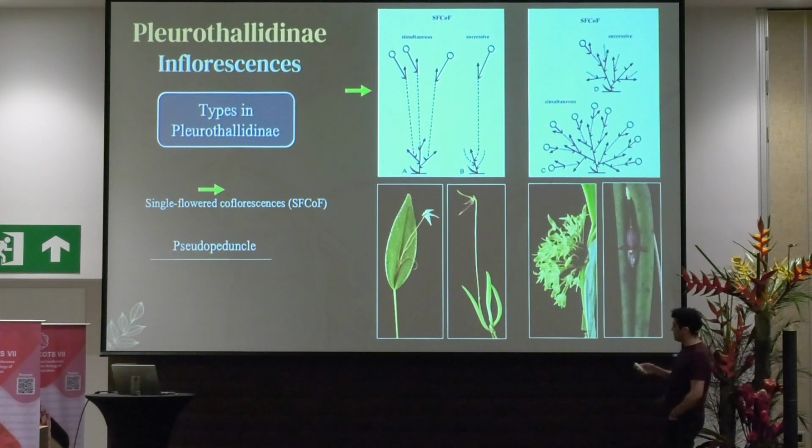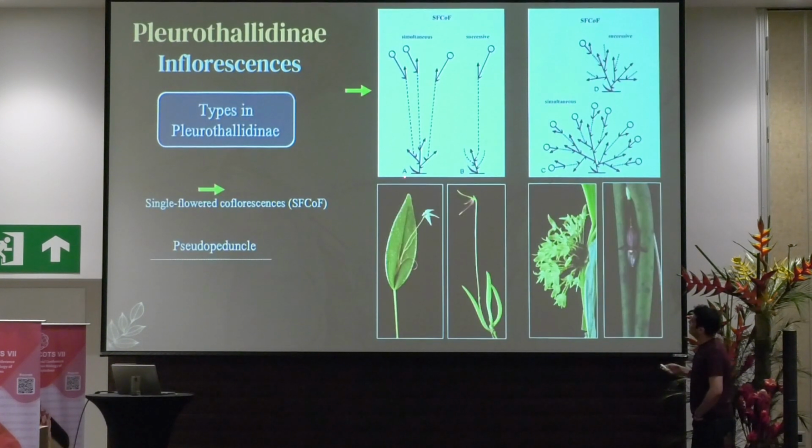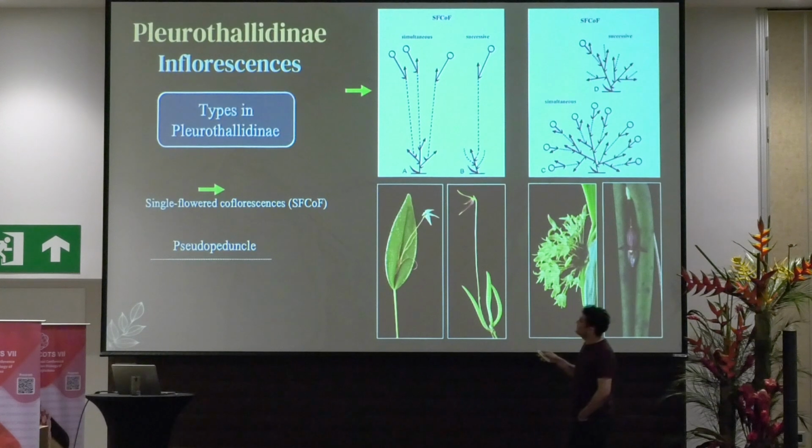One of them having coflorescences producing only one flower. As you can see here, each black arrow indicates the remainder of the axis of each coflorescence or each branch. So as you can see here, each coflorescence produces only one flower.